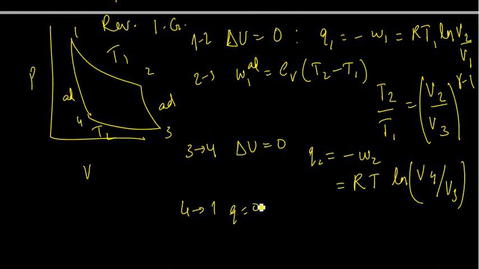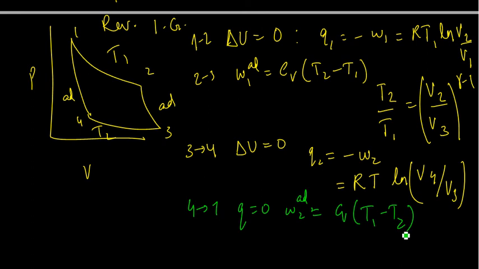Q is 0 again. W2 adiabatic is what I want. Maybe I just use some other color so it becomes easier. 4 to 1, Q is 0. W2 adiabatic is equal to Cv times T1 minus T2.